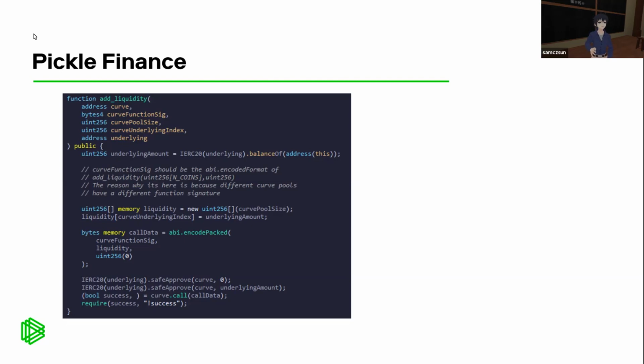And we can see that this function at the very end makes a call to the curve address with some call data. The call data is composed using the function signature, which we control, the liquidity, which is an array constructed with data we control, and the zero integer. The array itself consists of the underlying amount, which is fetched from a contract that we control.